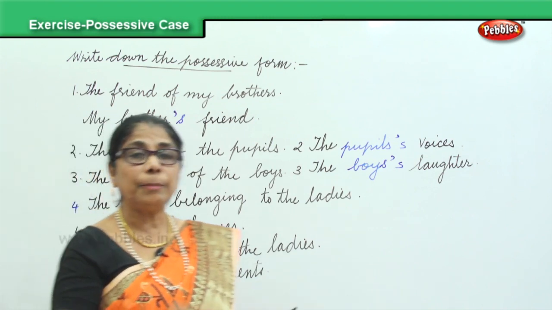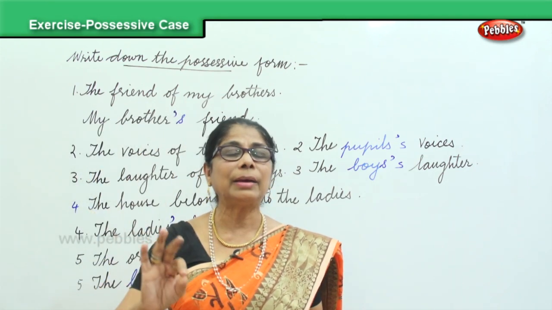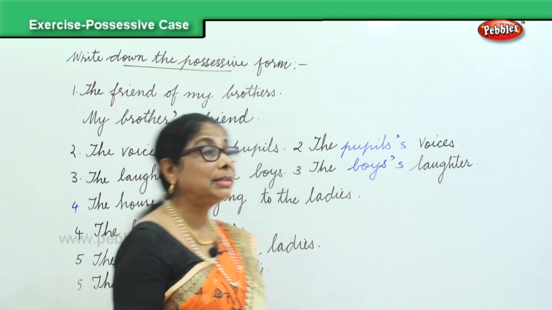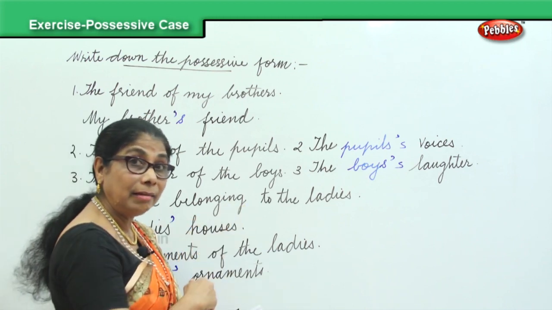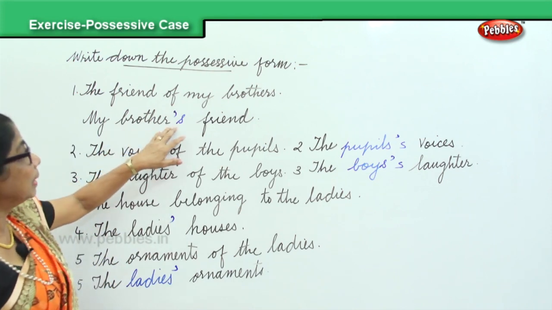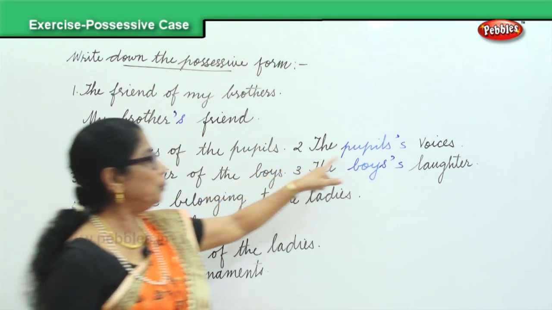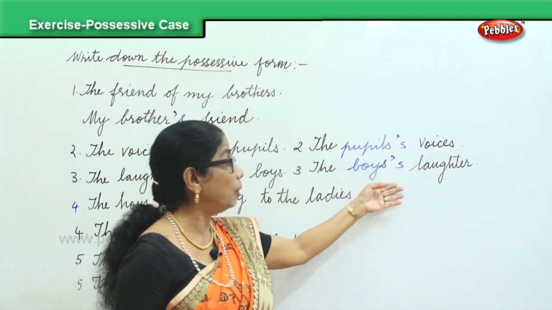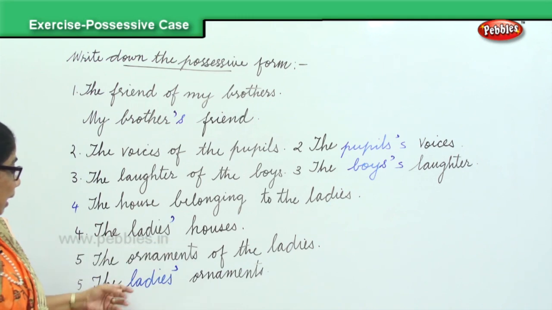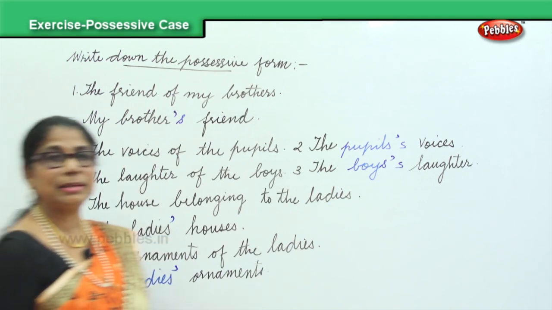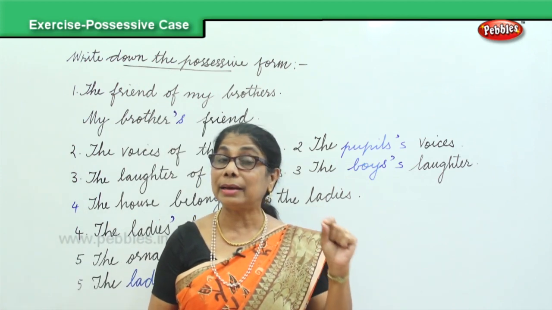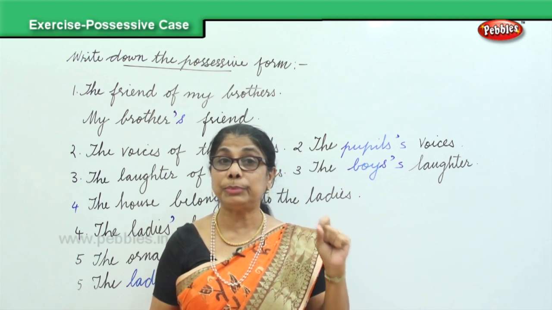So we put the correct possessive form to the word that we have, looking at whether it is singular or plural. Let's look at the sentences again. My brother's friend. The pupils' voices. The boys' laughter. The ladies' houses and the ladies' ornaments. As we go on doing it, we will learn better, putting in the correct apostrophe for the possessive form.